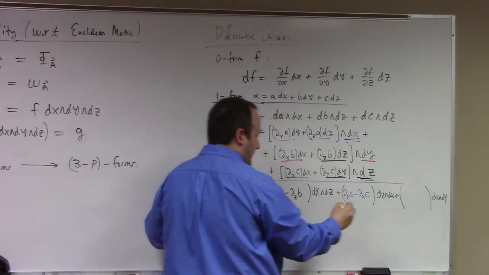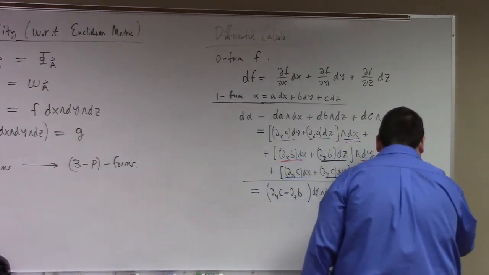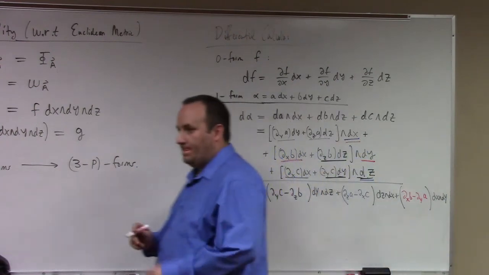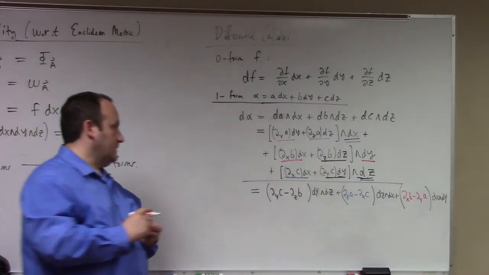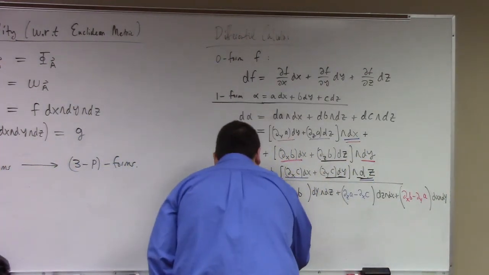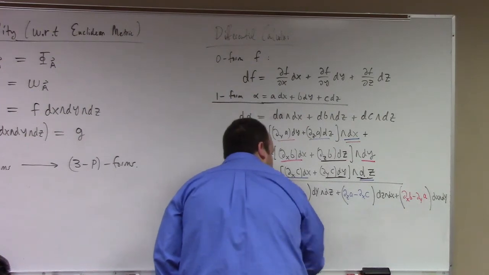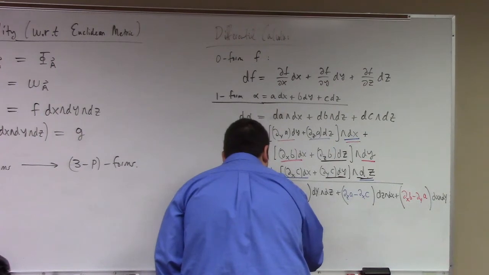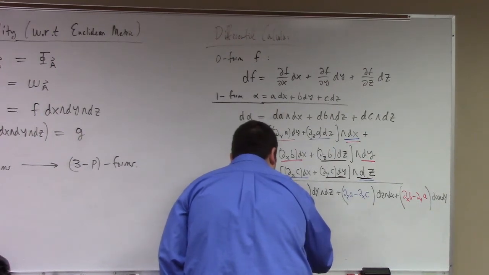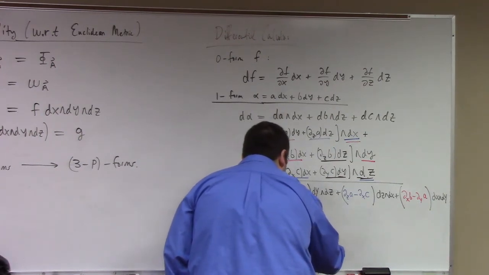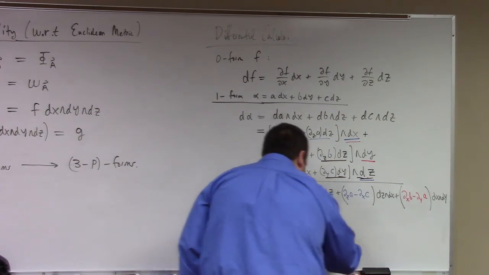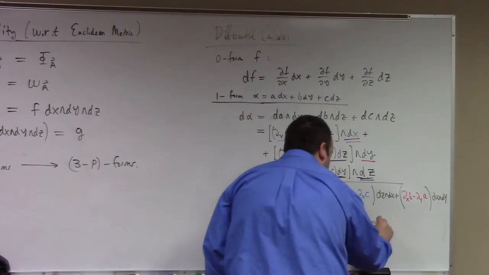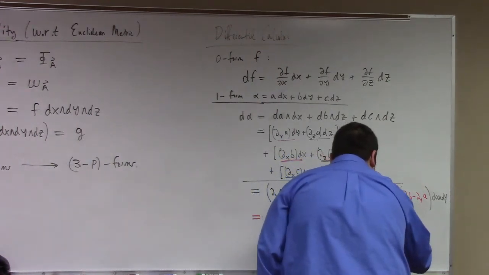So I get partial x b minus partial y a. So what are we looking at here? We're looking at the flux form of the vector field partial y c minus partial z b, comma, partial z a minus partial x c, comma, partial x b minus partial y a.